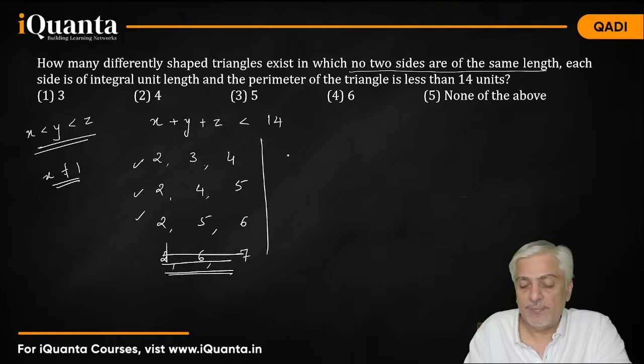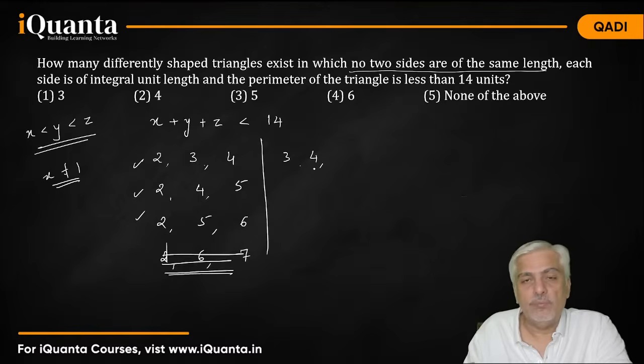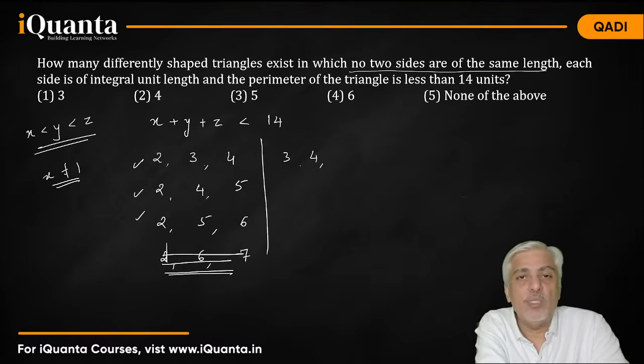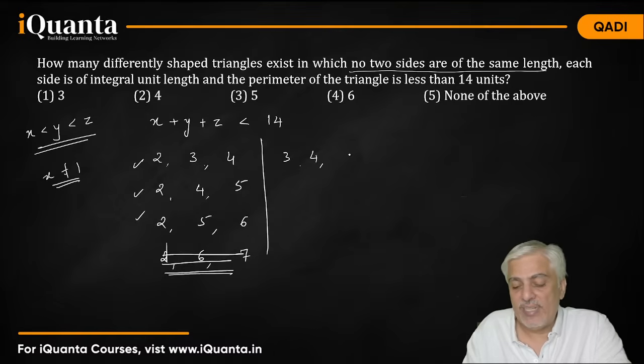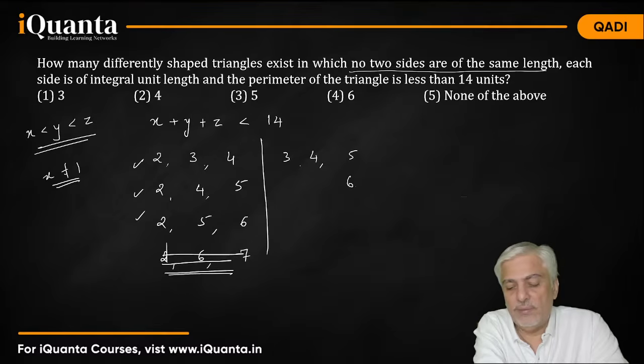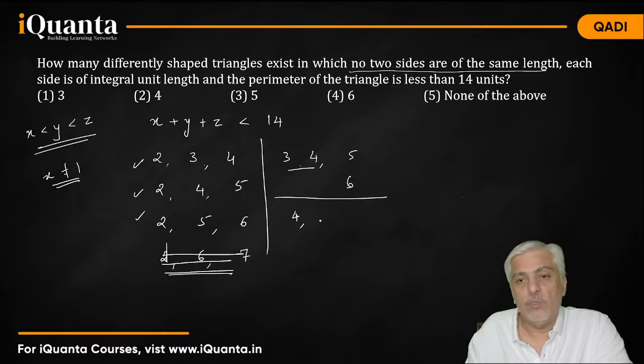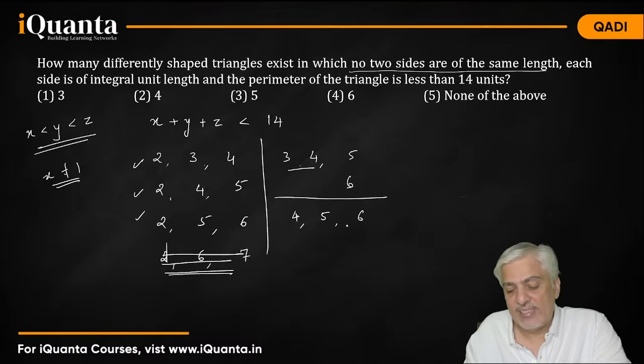What about with 3? If I take 3 and 4, 3 plus 4 is 7. The third side can be 5 or 6. Can it be 6? 7 plus 6 is 13. Yes. What about if I took 4? 4, 5, as soon as I even take 6, this becomes more.